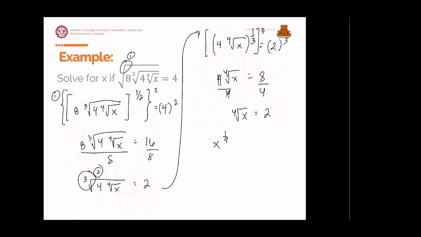Okay, 1/4 is equals to 2. So to eliminate that, raise natin both sides of the equation by 4. So magiging x na lang to, then 2 raised to 4 is 16. So this is our final answer.